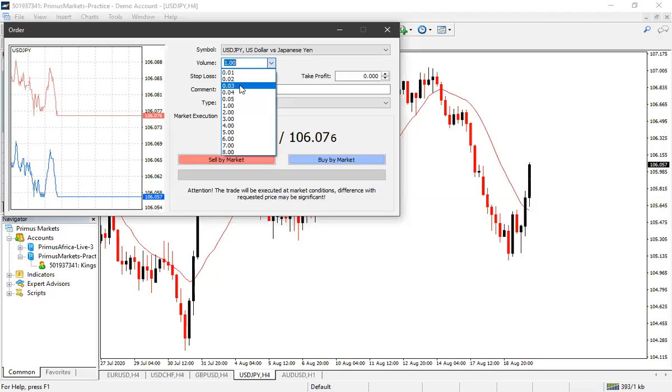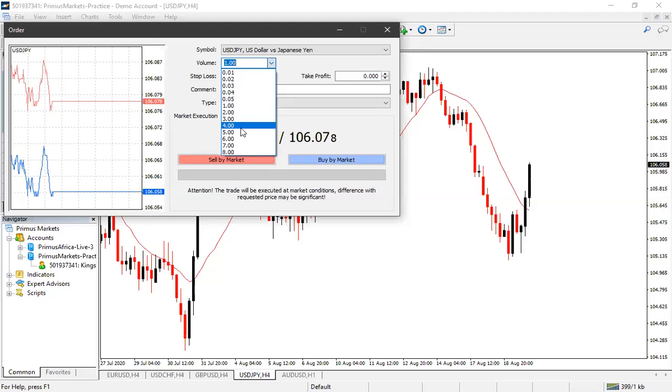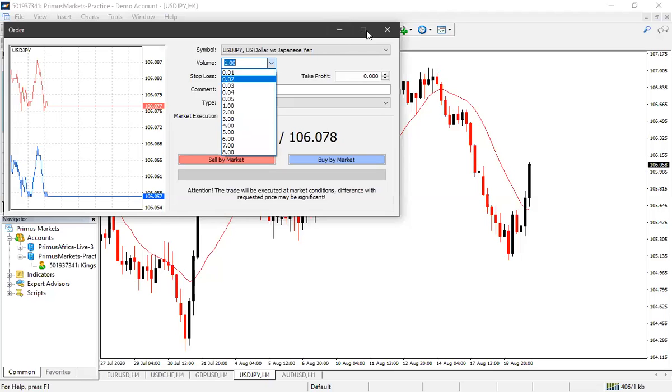So now, if you use 4.00, for example, what type of lot size is it? It's a standard lot size. Yes, it's a standard lot size. So this is how these lot sizes work.